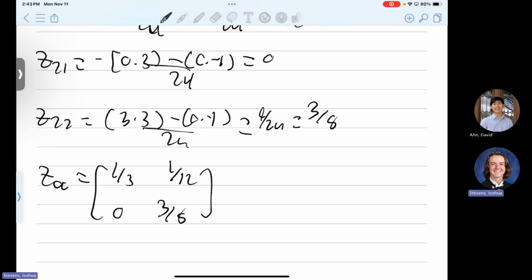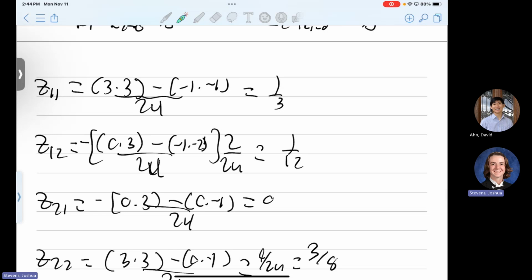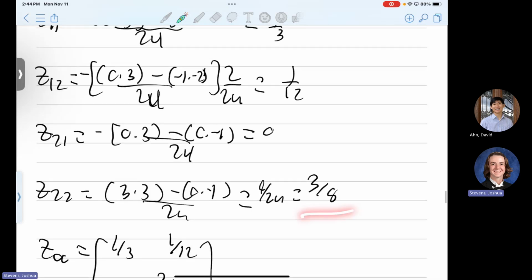Now he was talking about doing the single T model. Where'd I get what from? Matrix? Yep. So over here, Z11 I found to be 1/3. Z21 found to be positive 1/12, because that's a -1 times a -2, which gives me 2, times a negative, which gives me -2, times a negative, which gives me positive 2, all over 24, which simplifies to 1/12. And the same thing there, 0, 3/8.